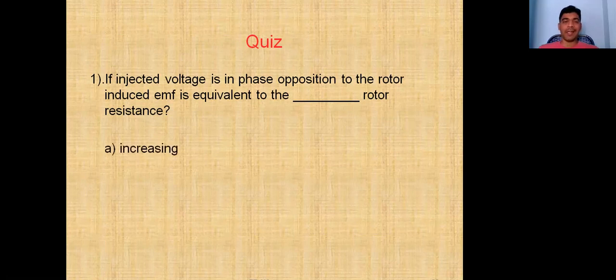Option A, increasing; option B, decreasing; option C, both A and B; option D, none of them.